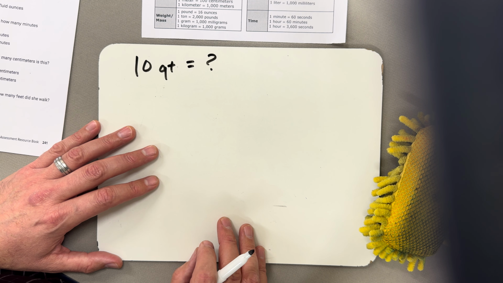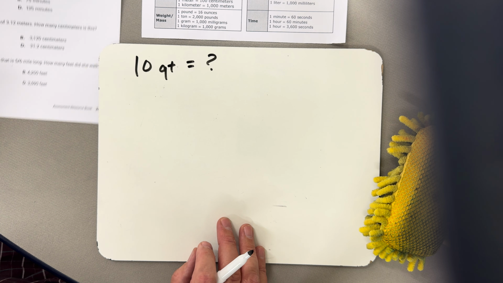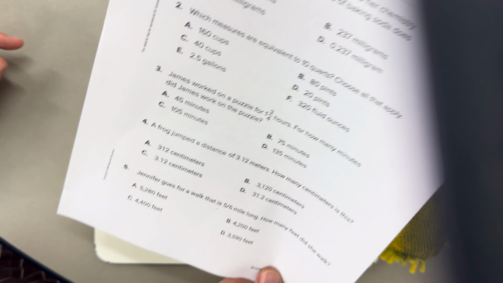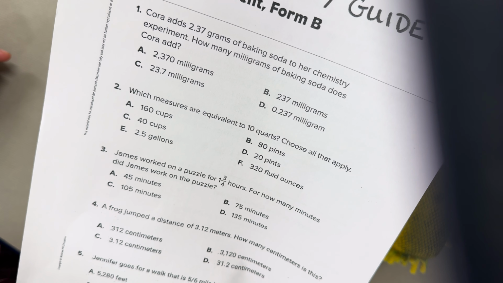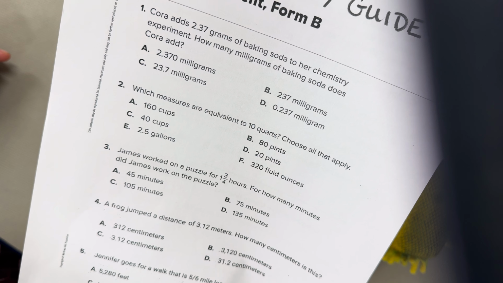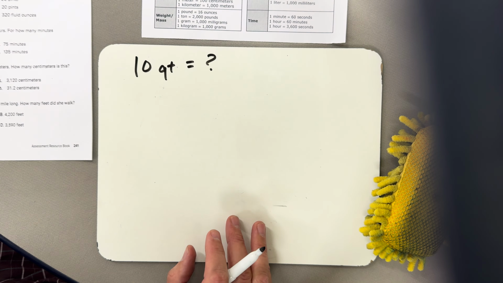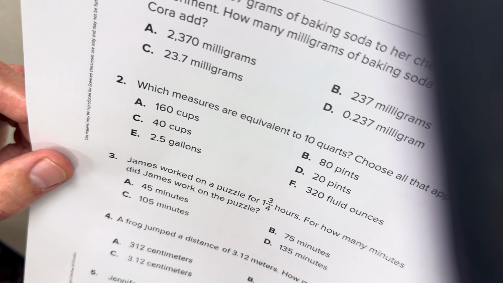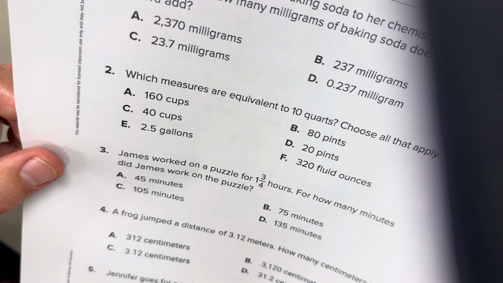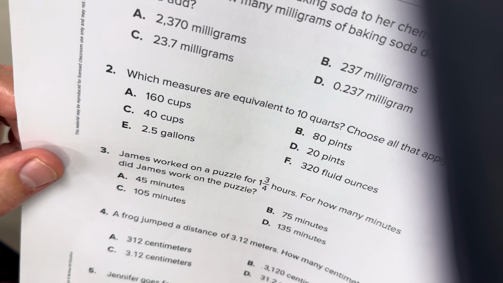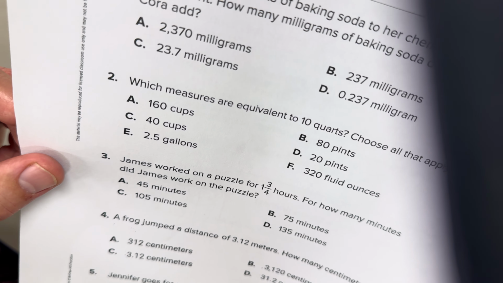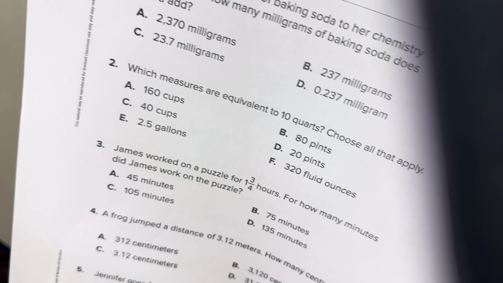I'm trying to think the best way to show you this because some of these could actually get bigger, and we don't want to get bigger. We want to go from big to small on all of this. So we've got A, 160 cups, B, 80 pints, C, 40 cups, D, 20 pints, E, 2.5 gallons, F, 320 fluid ounces. I'm trying to think if there's any I could just automatically mark off.